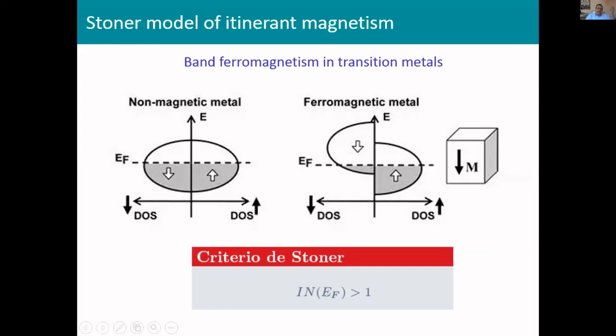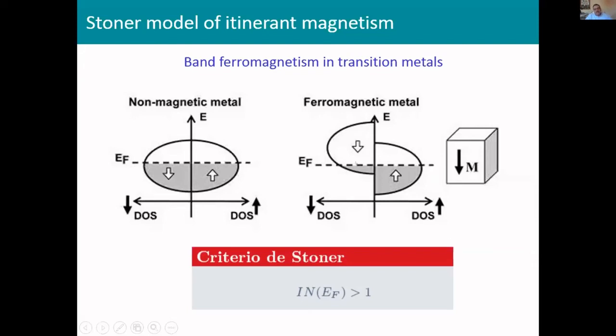And when this product is larger than 1, we have a chance of magnetism. When this product is less than 1, the system prefers to stay in the paramagnetic configuration.